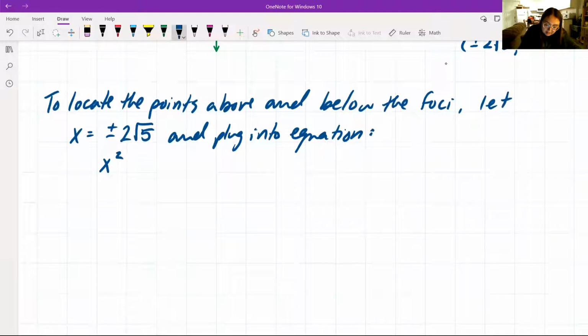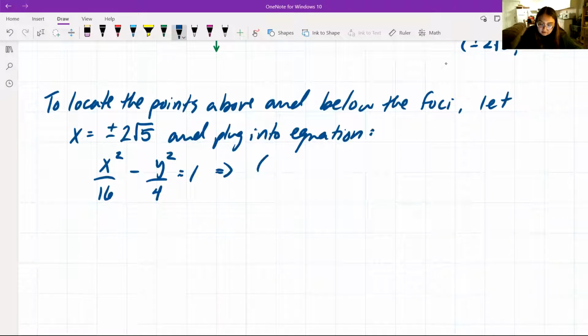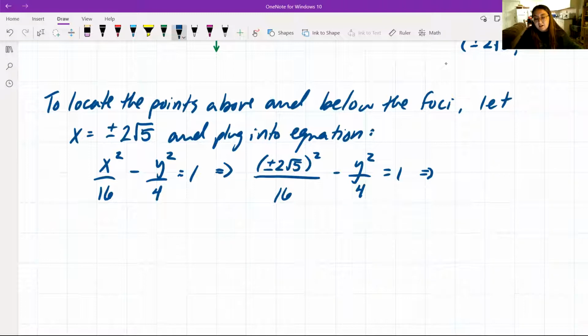Remember, our equation is x squared over 16 minus y squared over 4 is equal to 1. Plugging in this value, we are going to get plus or minus 2 times the square root of 5 squared divided by 16 minus y squared over 4 is equal to 1. 2 times the square root of 5 squared is going to be 4 times 5, which is 20.